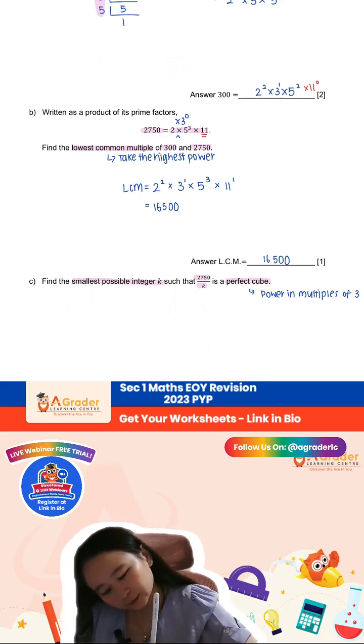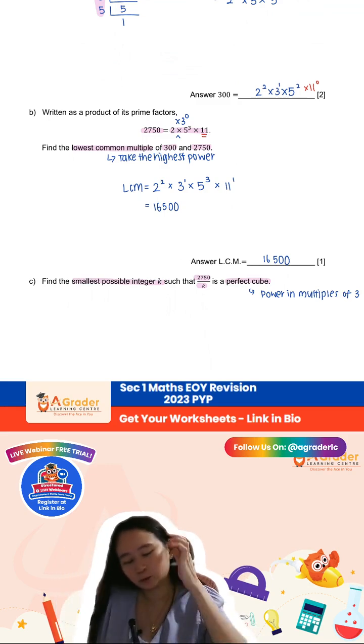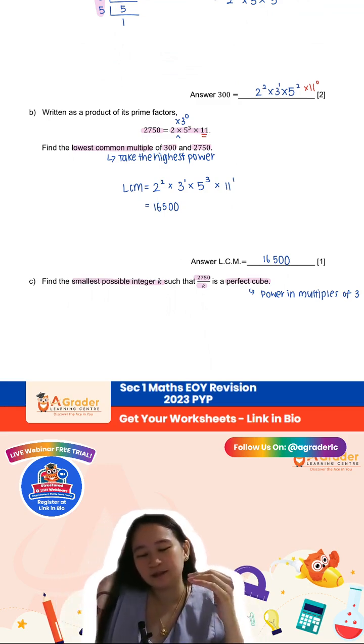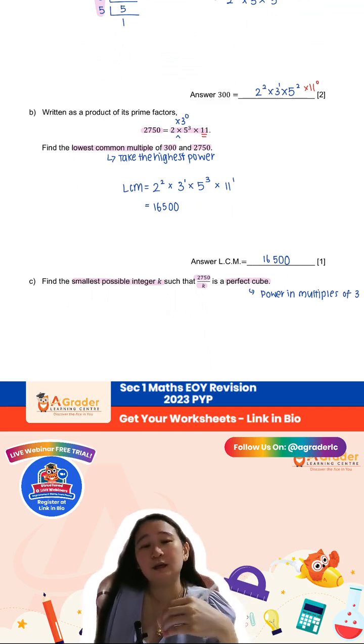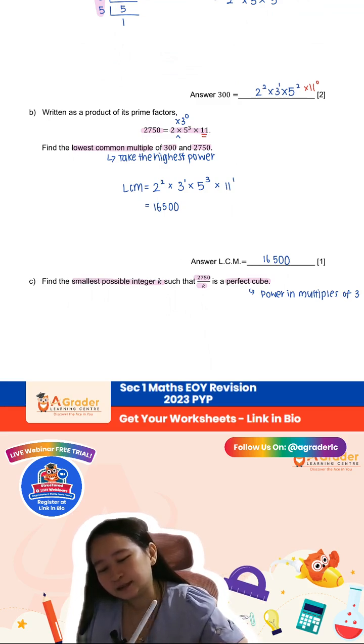So we want 2750 over k to be a perfect cube. Since it's divided by k, the factors must be lesser than 2750, whereby they already give you the factors here.